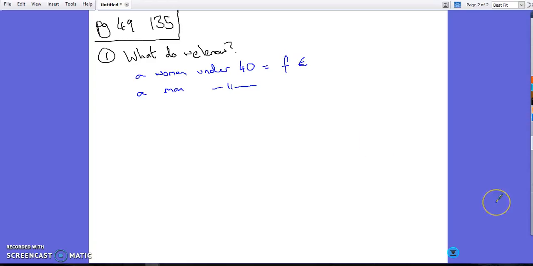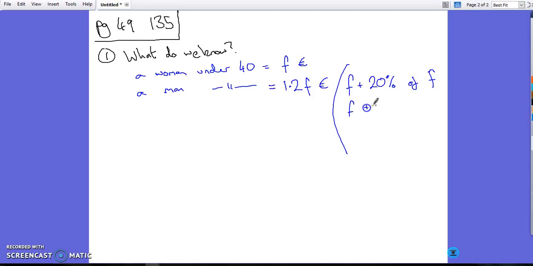The easiest way to show percentage increase is just to say that that's 1.2 times F euros. And I'll show you how this works. So a man would pay F euros plus 20% of F. So that's F plus 20 over 100 times F, and make sure that F stays on the top there.